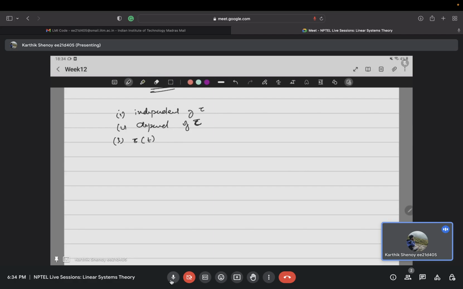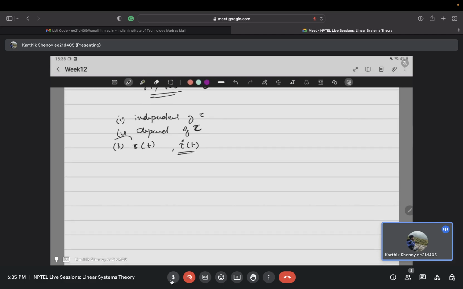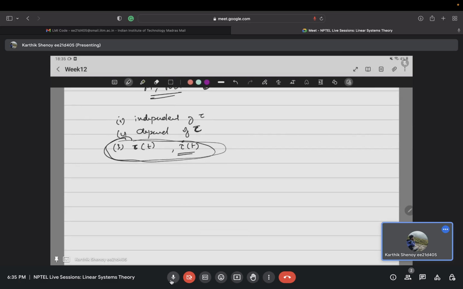At some point of time the delay is less, and at some point it is more, and you will have to tell how fast the delay changes also. This case we won't be looking at because it's a bit too complicated to solve using LMIs, but let's take the first case, where you have stability independent of delay.